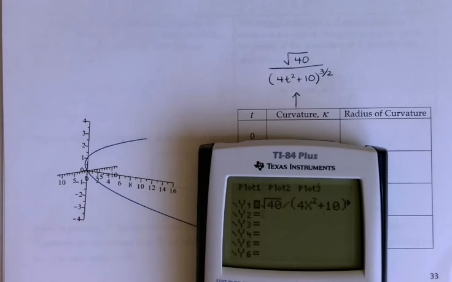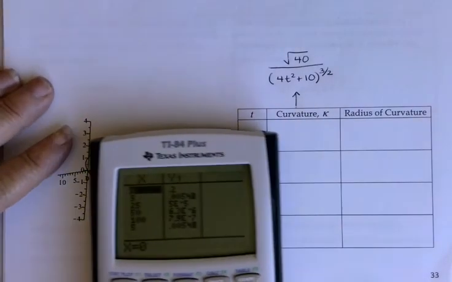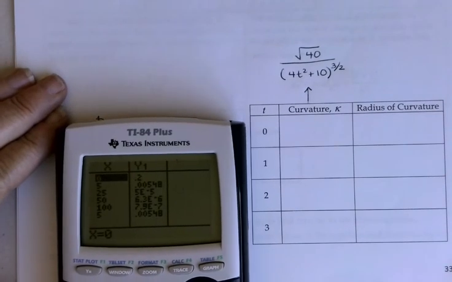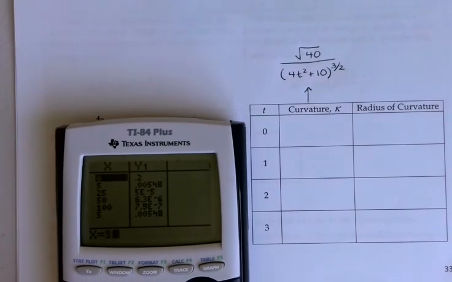So there's my function. And we wanted to know what the curvature was at 0, 1, 2, and 3.